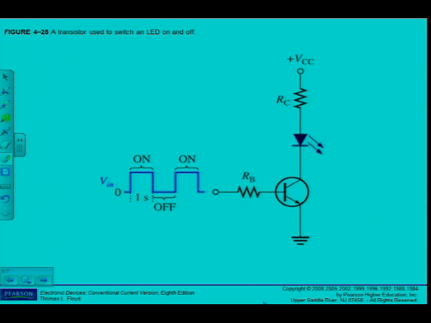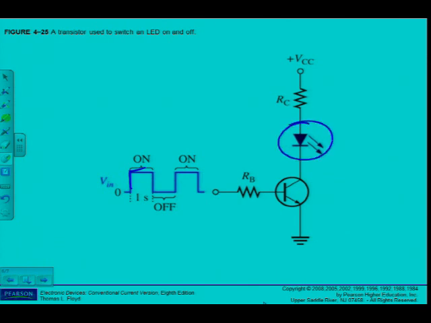So if the question asks you to draw a simple circuit of a transistor being used as a switch with an LED, you can see here, if the square wave is applied to the base, it will drive the transistor into saturation by exceeding the minimum base current, as we've seen in the previous example how to calculate this, to drive the transistor into saturation and switch the diode on.